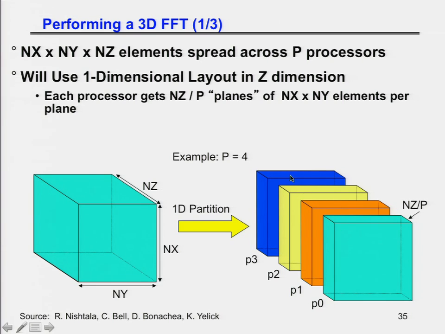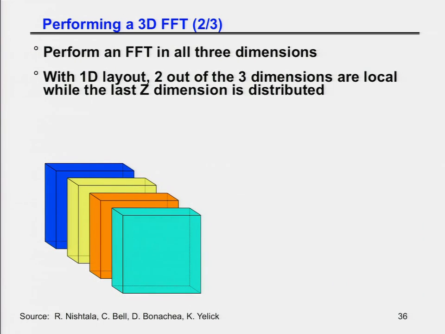But now, to do the FFT in the nz direction, I have to do the communication. The question is, how do I optimize that particular step? Let me show you how this might work. I've already said this in words.